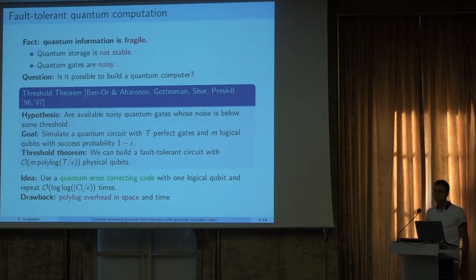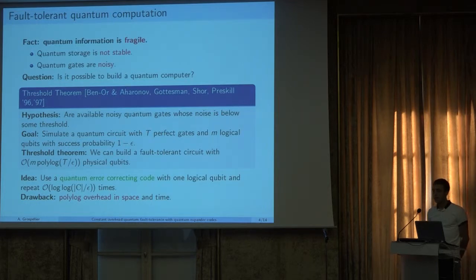that if you are able to construct noisy gates whose noise is below some threshold, then you can simulate any quantum circuit using a fault-tolerant circuit. The idea of this theorem is to use quantum error-correcting codes with one logical qubit and to concatenate this code with itself multiple times.